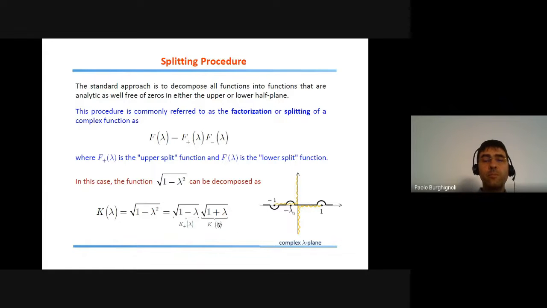So we have been able to split by inspection this function k of lambda, which is the square root of 1 minus lambda squared.